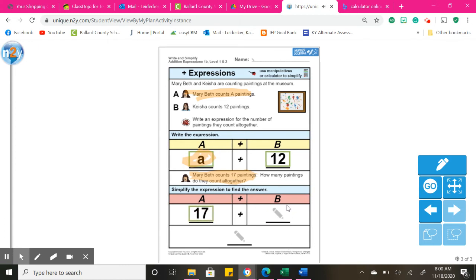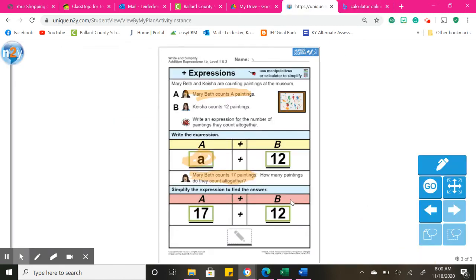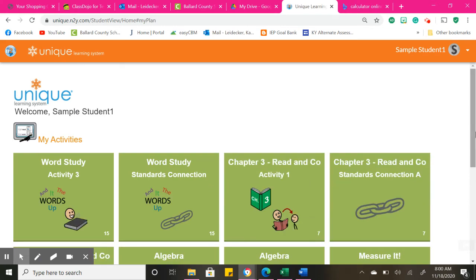B was 12. 17 plus 12 should be 29. There you go. So that's simplifying and writing addition expressions. Expressions are with letters instead of numbers.